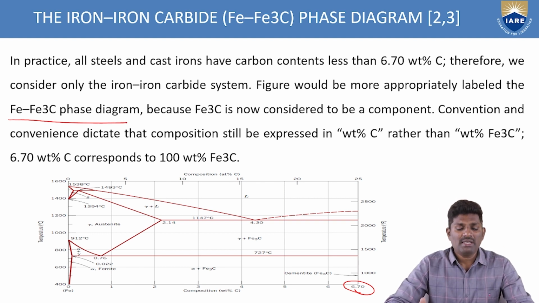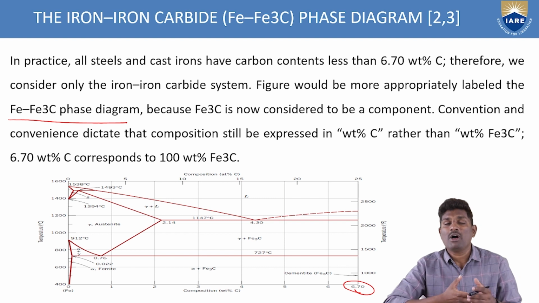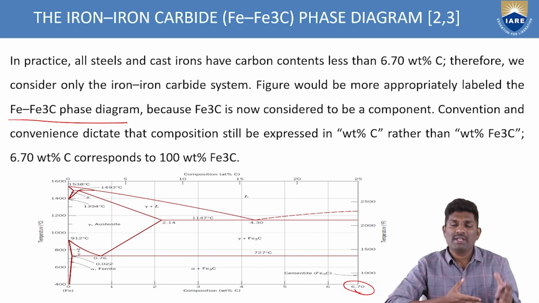Conventionally, it is expressed as weight percentage, so we describe the composition in terms of weight percentage, so that we can easily tell how much carbon is in the system, and divide it into two parts, whether pure iron or pure graphite.